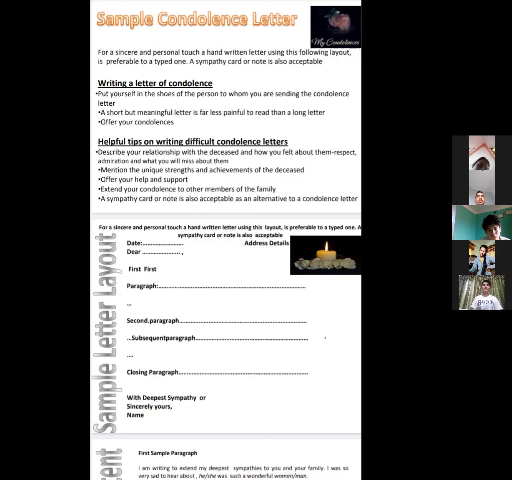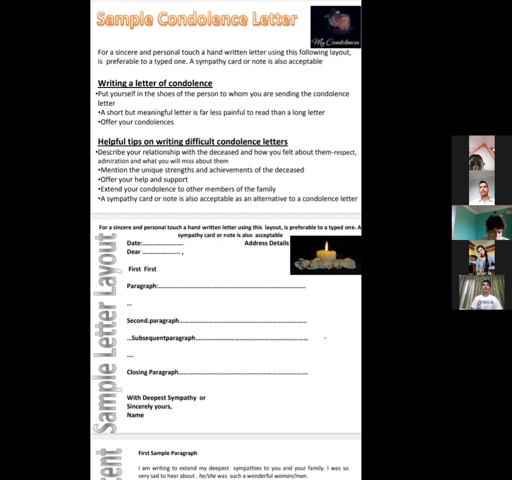People should identify the letter of condolence through the first paragraph. What to write, I'll teach you later on. First, let me get into this format and give you a brief detail regarding this.